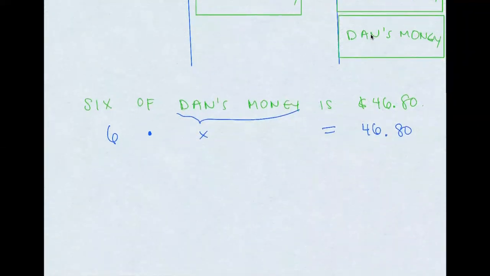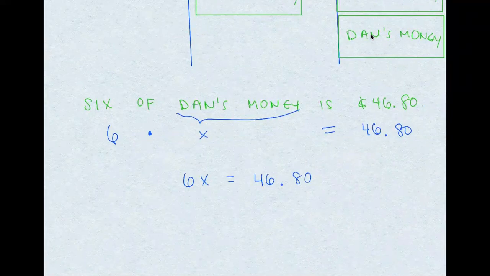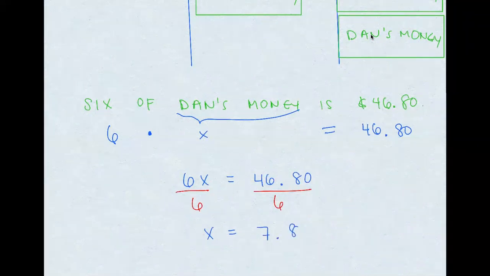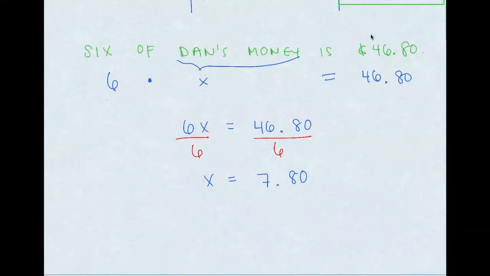So we'd get the equation 6x equals 46.80. You could divide both sides of the equation by 6 by the properties previously mentioned. And you get that x is equal to 7.80, just like before.